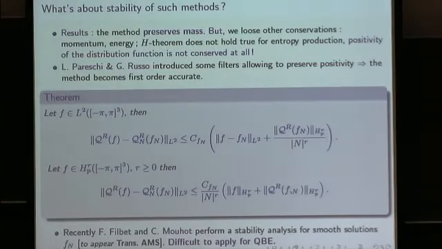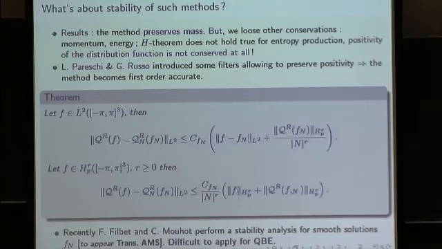Okay. So now I would like to discuss some stability properties of this kind of approximation. So here, what we can prove is that this numerical method preserves mass. This is easy to check, but we lose other conservation. We know that the Boltzmann equation conserves momentum and energy. There is also an H theorem saying that there is an entropy production.